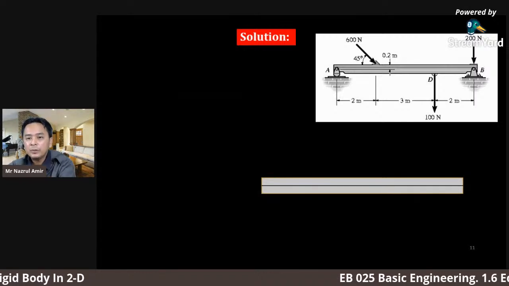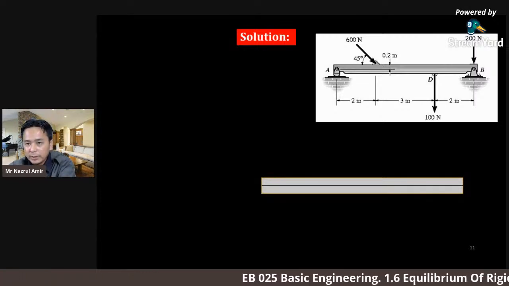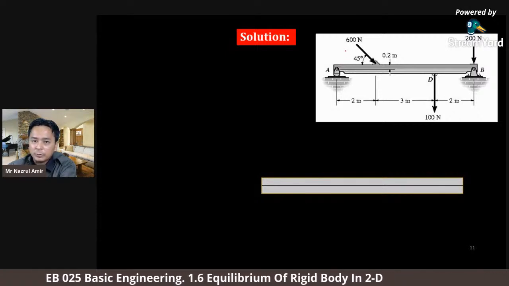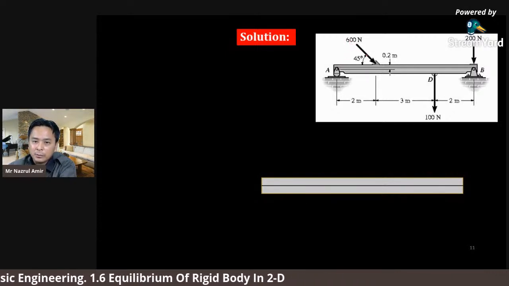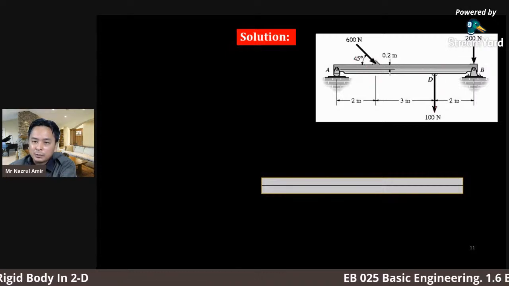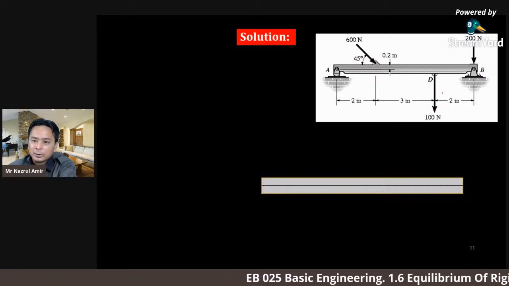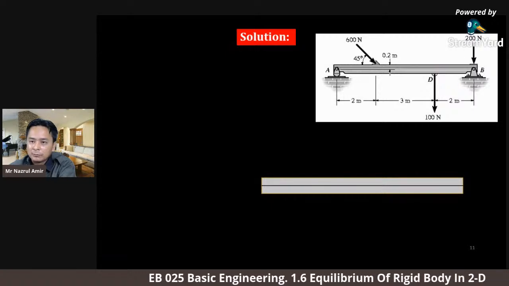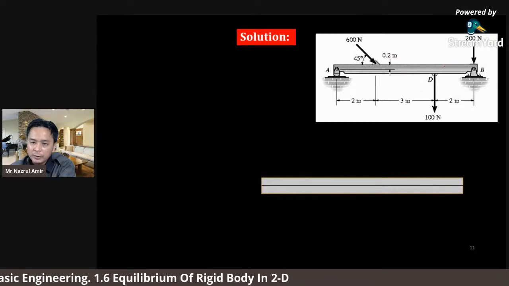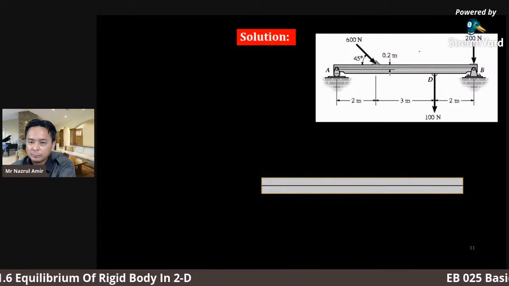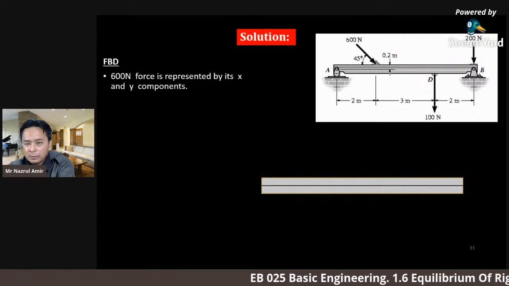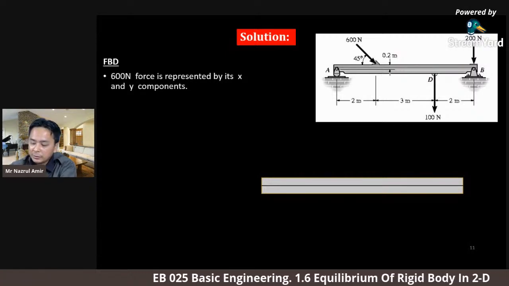One by one, what happens to the rigid body when applied with three forces. This rigid body is applied with 600 Newton at 45 degrees to the x-axis, then 100 Newton vertical downward, and 200 Newton, the vertical load also downward. So you can see there are three action forces. The first one, we start with 600 Newton.